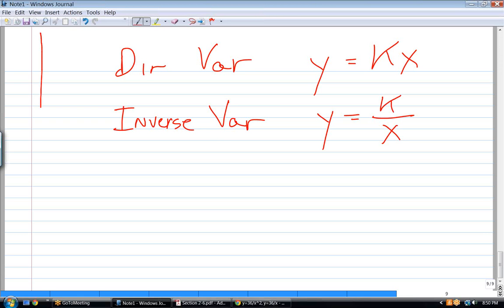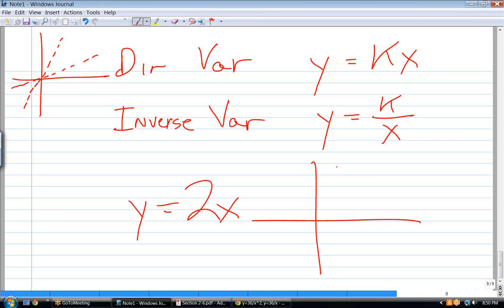The graph of a direct variation is a linear graph. It's a straight line and it always goes through 0. It might do that, might do this. In other words, it could have a different slope, but it always goes through 0 and it's always a straight line. In other words, try some various k's. If we plotted y equals 2x, that goes through the origin and has a slope of 2.